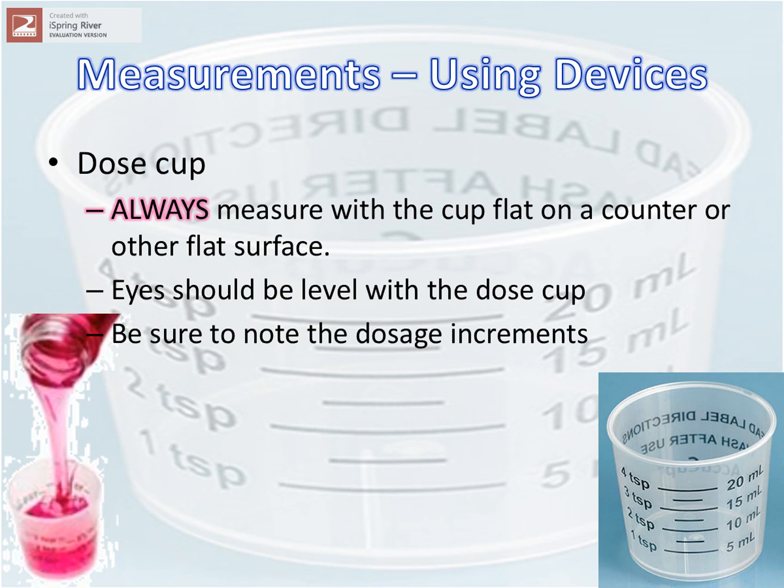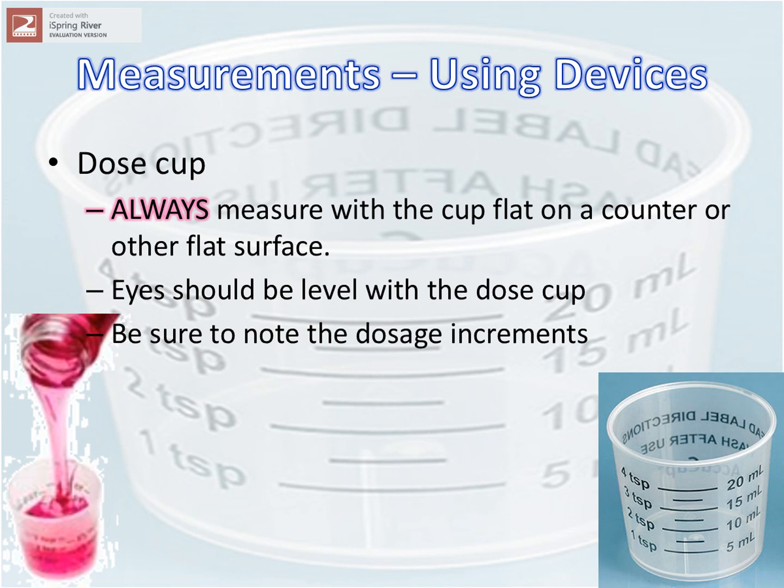With a dose cup, you always measure with the cup flat on a surface, on a tabletop, on a counter, some other flat surface. Your eyes should be at the level of the dose cup so that you're able to determine exactly where the line goes.